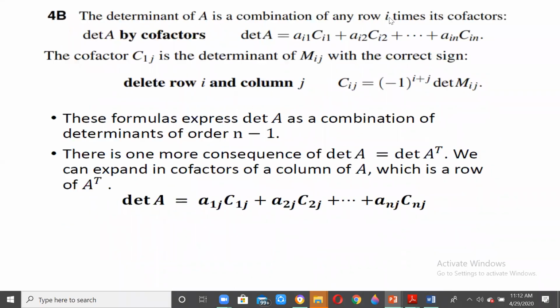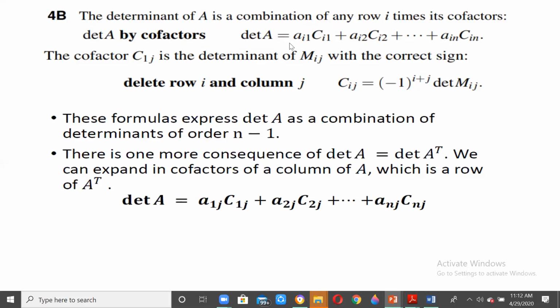So the determinant of A is a combination of any row I times its cofactors. Determinant A by cofactors will be: determinant A is equal to AI1 CI1 plus AI2 CI2 plus etc. AIN CIN.